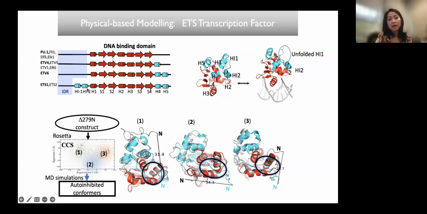We recently came up with a protocol that combined Rosetta and MD simulations to obtain the structural ensemble of the disordered region of this transcription factor, ETS1, that I show here.